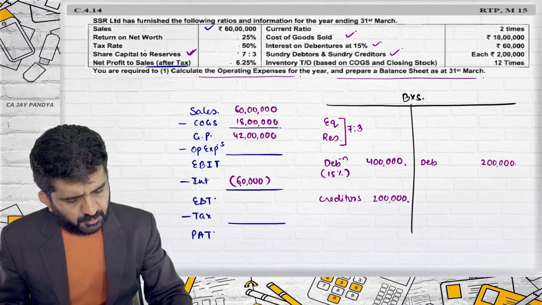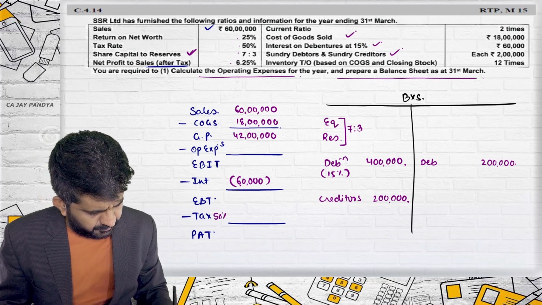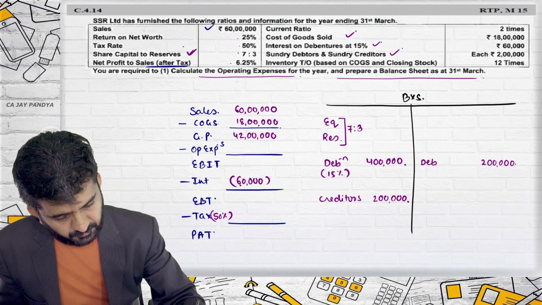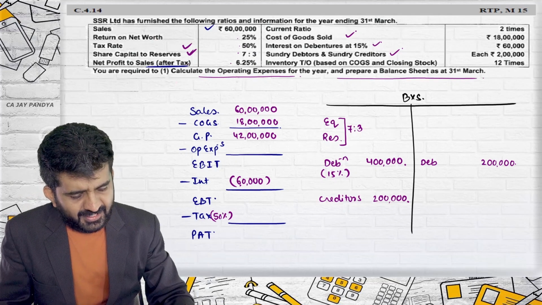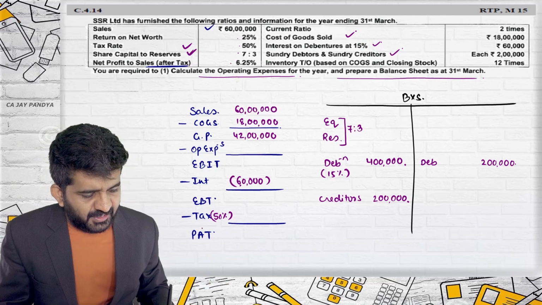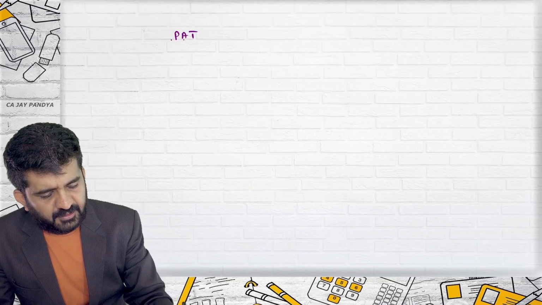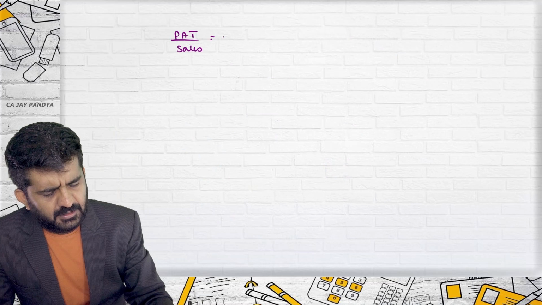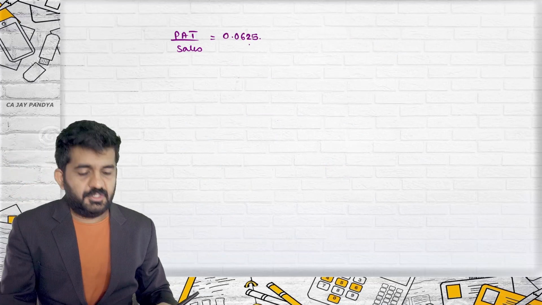Return on net worth can be found out. Tax rate is 50%. Let me write this down. We have also considered the net profit to sales ratio after tax. So profit after tax divided by sales is 6.25%.